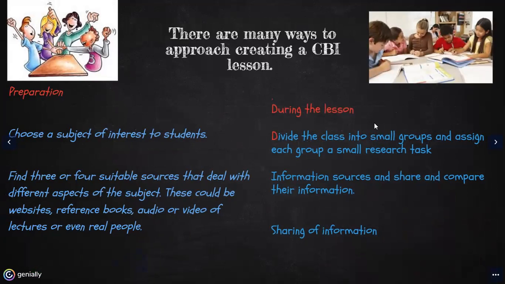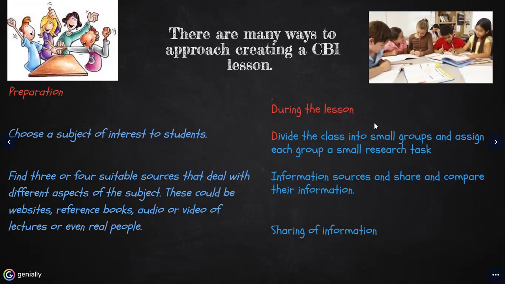Some elements to follow in the class. First, we have the preparation. Teachers have to choose a subject of interest to students or according to the curriculum. Then teachers have to find three or four suitable sources that deal with different aspects of the subject. This could be websites, reference books, audio or video lectures, or even real people.